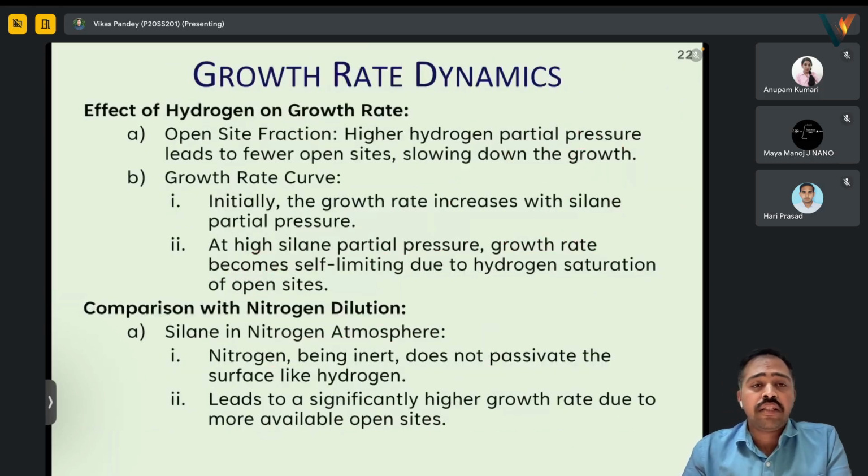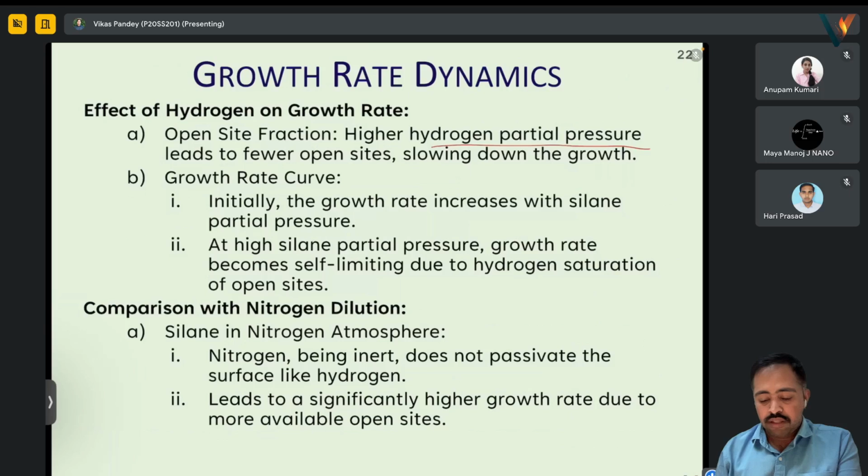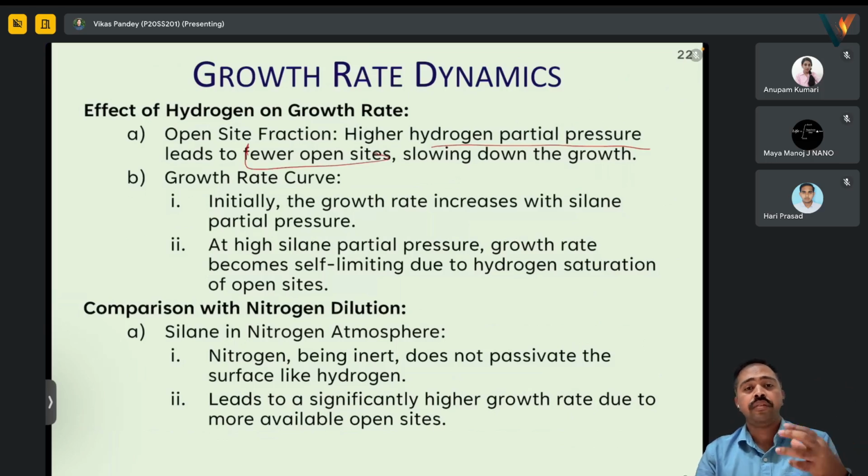Then there is the second thing, that is how hydrogen affects the growth rate. Having higher hydrogen partial pressure leads to fewer open sites. We have seen that it will occupy some of the dangling bonds, and as such, the growth rate will be lower.